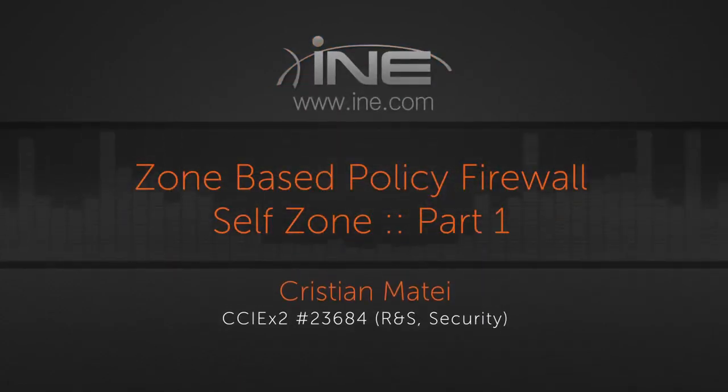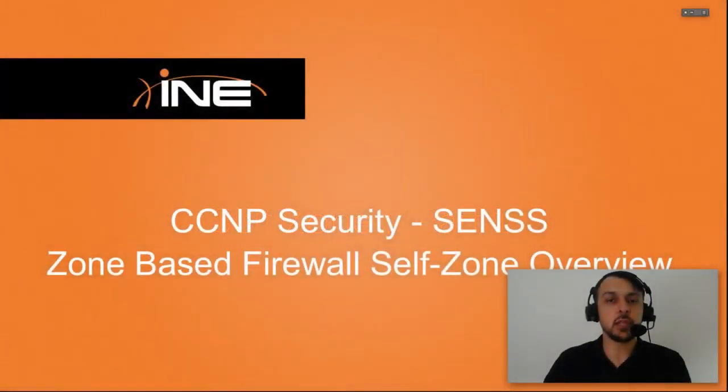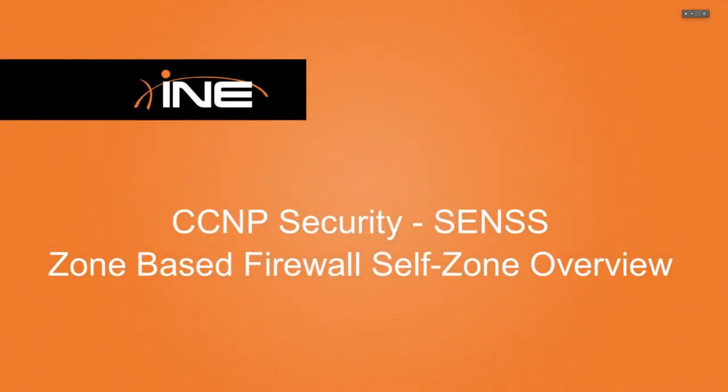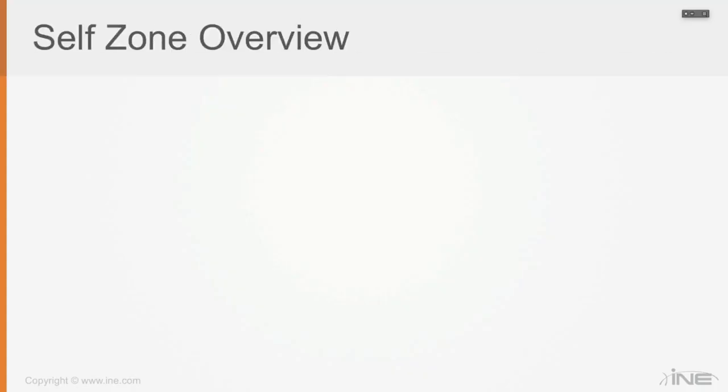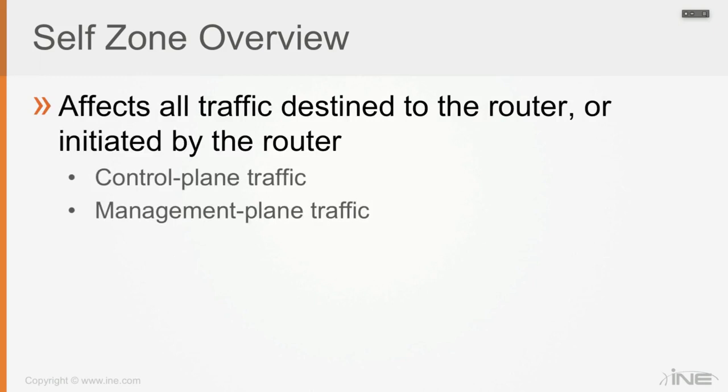Okay, let's speak about the self zone, which means that we're going to build firewall policies with the self zone. It's going to affect all traffic destined to the router or initiated by the router, which means we have two types of those: control plane traffic or management plane traffic.